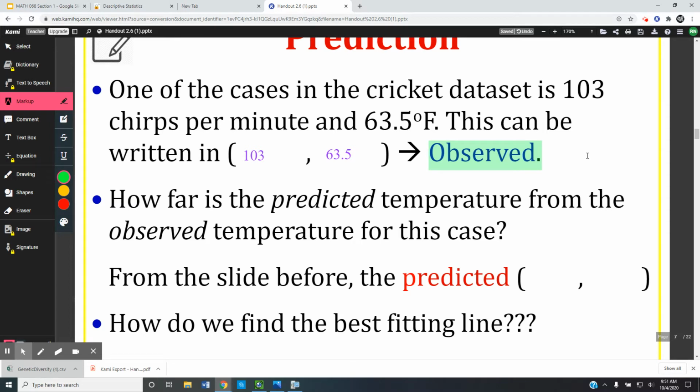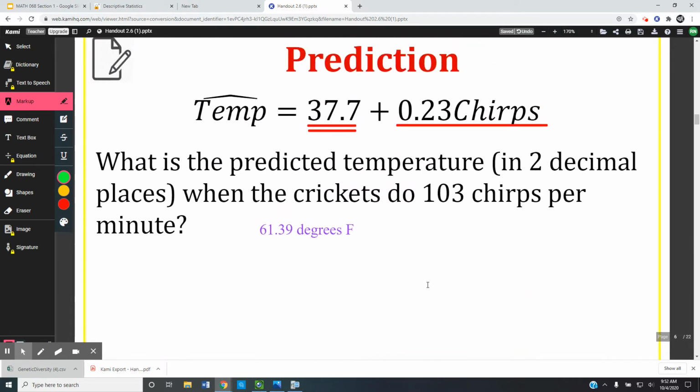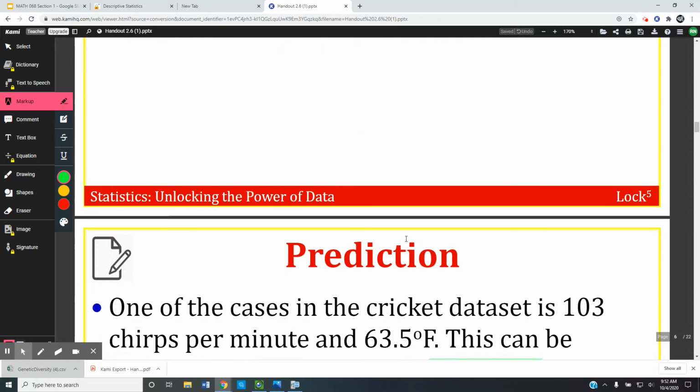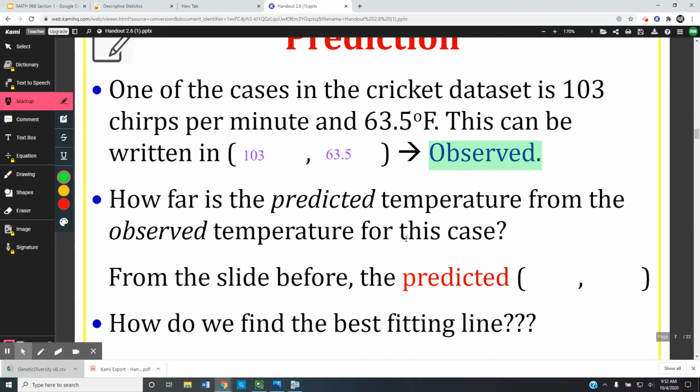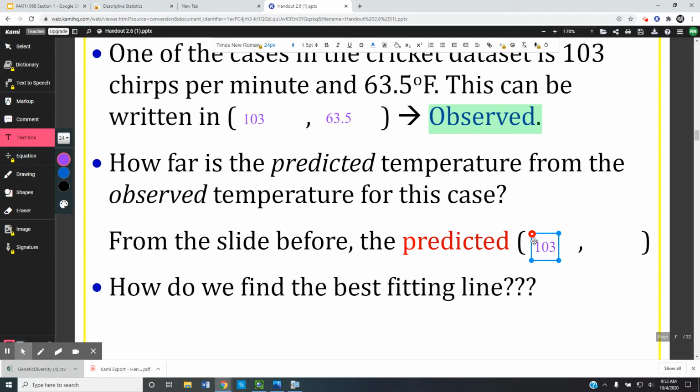The question is, how far is the predicted temperature from the observed temperature in this case? From the slide before, the prediction was that if we put in 103, we predicted 61.39 degrees. So our prediction on the 103 measurement was that we would get 61.39 degrees.